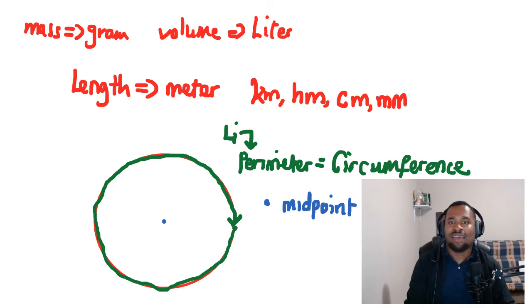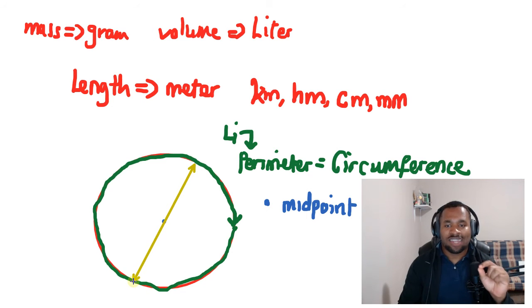So we're going to look at another length, and in this length, we're going to start at one end of our circumference, and we are going to go to the other end of the circumference. Now, take note here that this line that has two arrowheads on both ends touches at a specific point. That point is the midpoint. Take note of that.